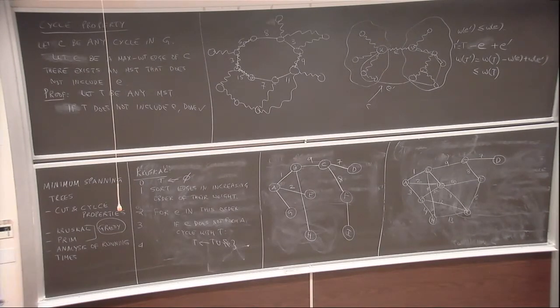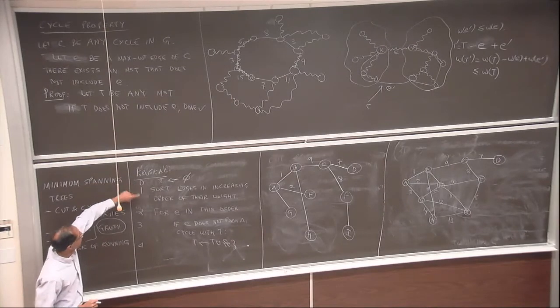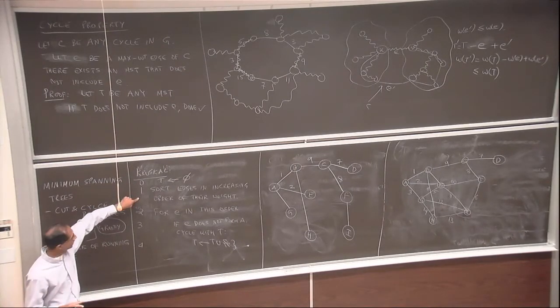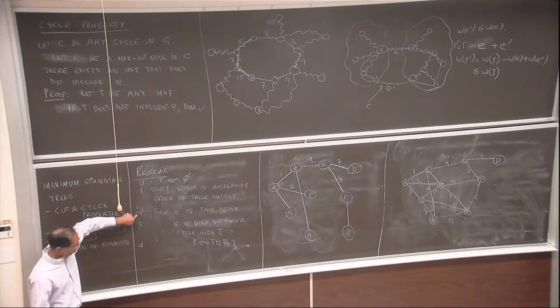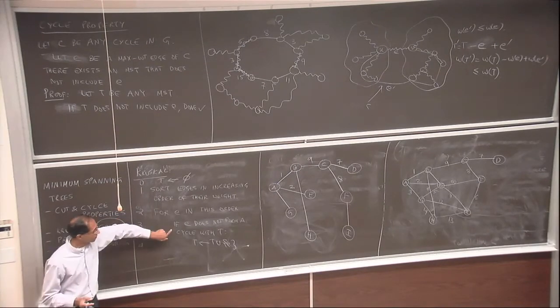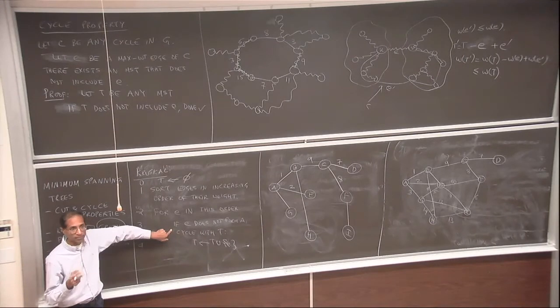Okay. There are some things here that we know are easy. Sorting edges, we know how to do that, very easy. Going through these edges in this order, we know how to do that. And how to find a cycle, we have looked at a lot of problems like that.